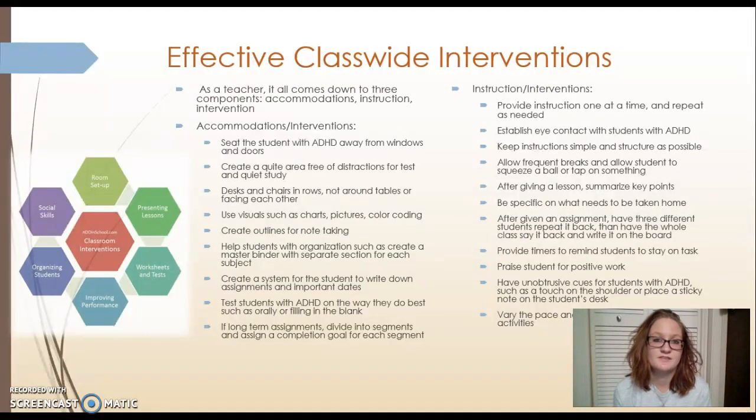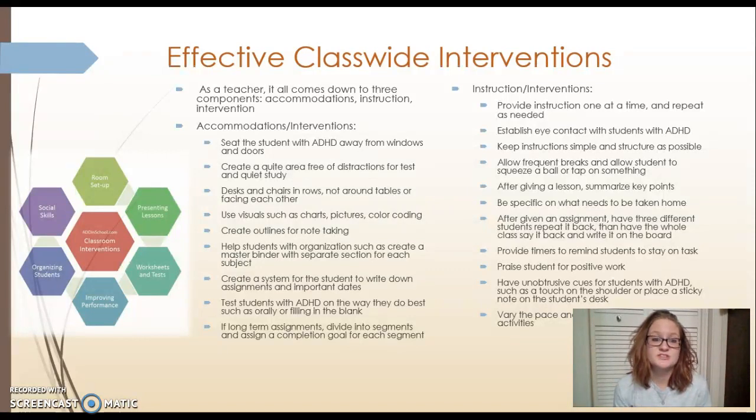If you have students with ADHD, sit them away from windows and doors because those are easy distractions for students with ADHD. Also have a quiet area free of distractions for tests and quiet studying. Desks and chairs should be in a row because if they're around each other or facing another classmate, they may get easily distracted by what they are doing.